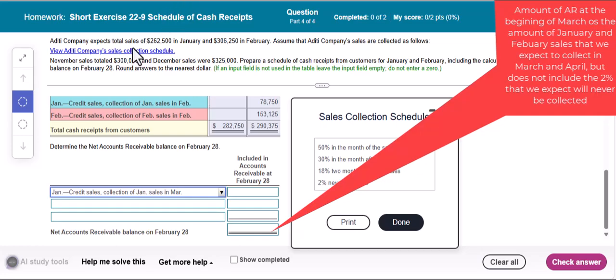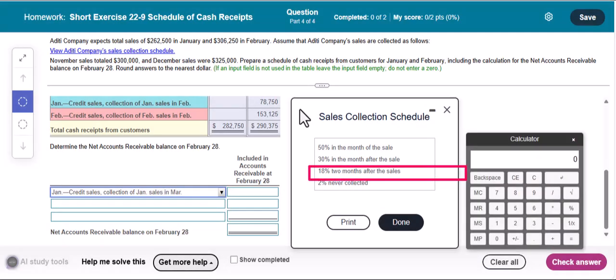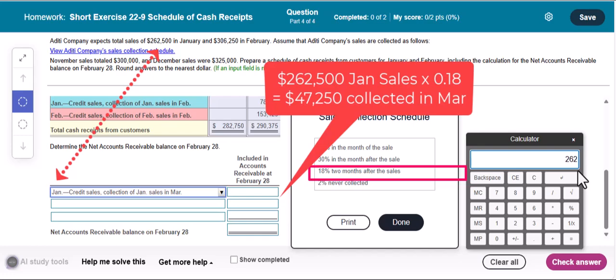So how much of the January credit sales of 262,500 will be collected 2 months after? Again, that is 18%. So we get our calculator out and get that open. So we have 262,500 and multiply that by 18% to give us 47,250. Go ahead and enter that in.